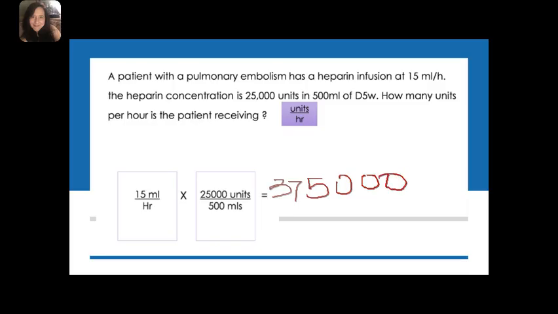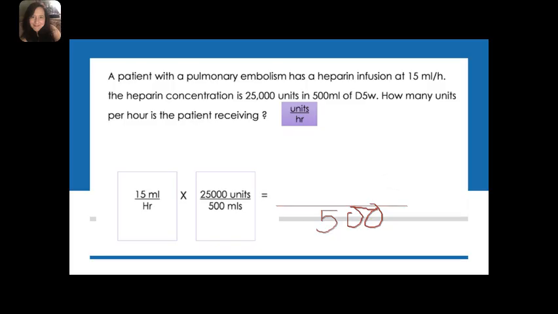Let me make sure I did that correctly. Yeah. And then that would be over 500. Let's do the math on that. So let's see what you get. When I divide it by the 500, I get 750 units per hour.